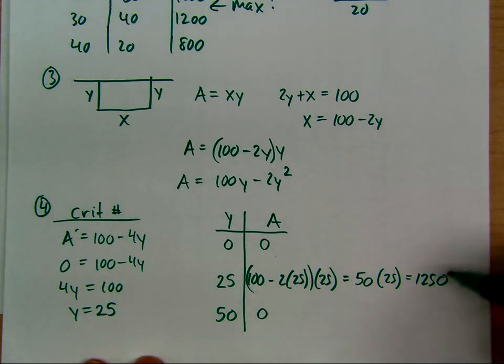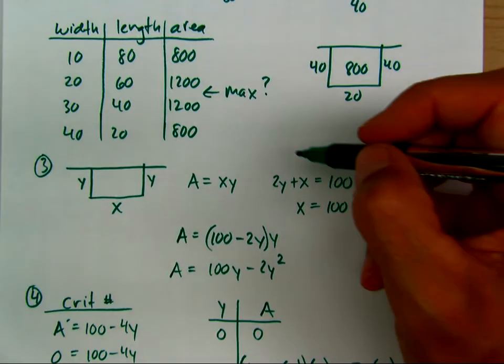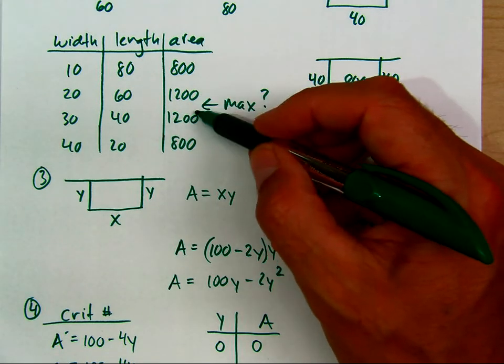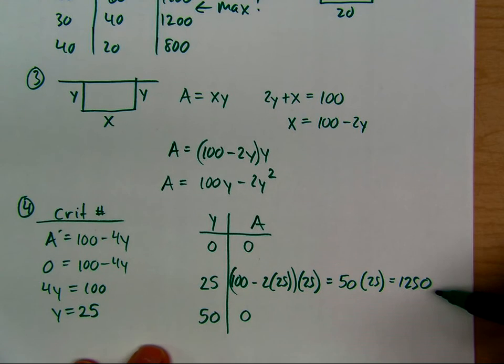So we have a maximum area of 1250, and this is supported by what we found when we tried some numbers. We saw that the maximum was around 1200, and this fits in with what we found so far.